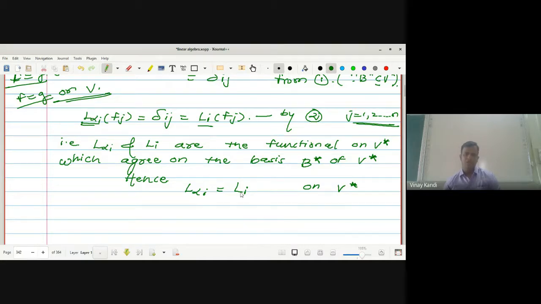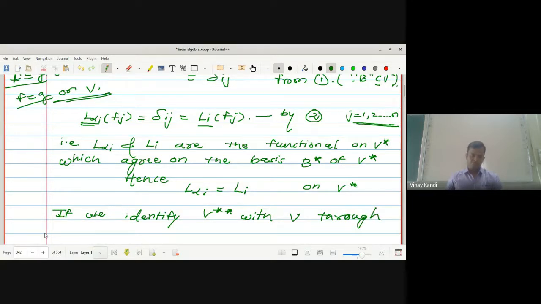If we identify V double star with V through natural isomorphism, V double star is isomorphic to V. Then L alpha corresponds to alpha; that is the natural isomorphism.